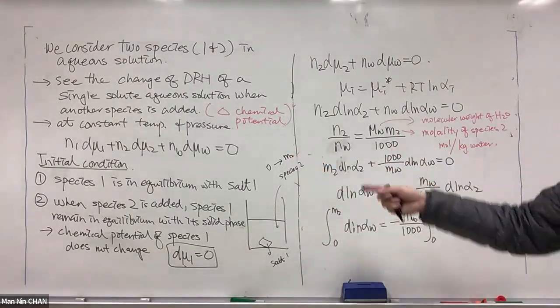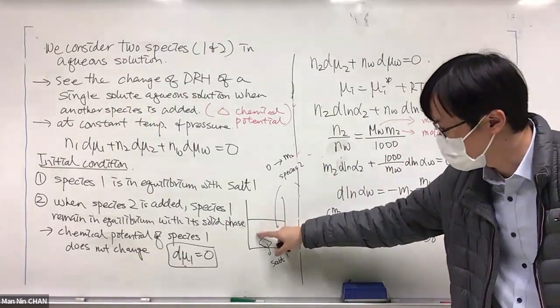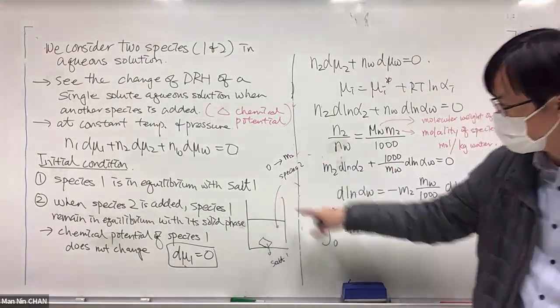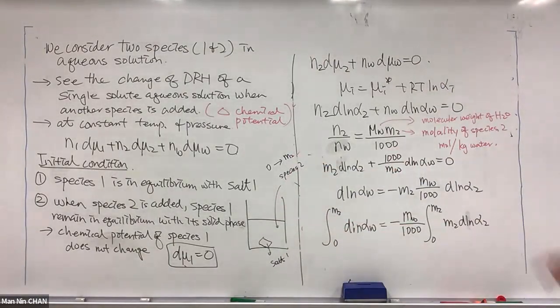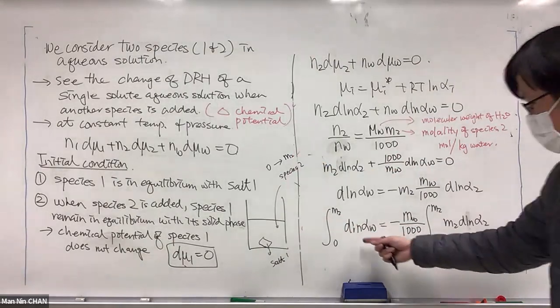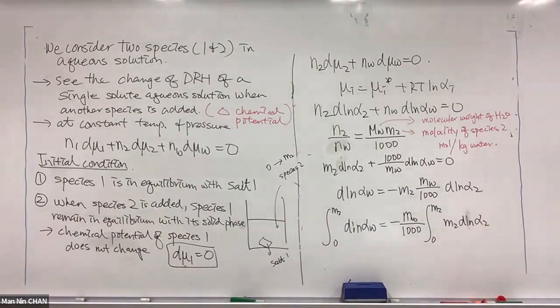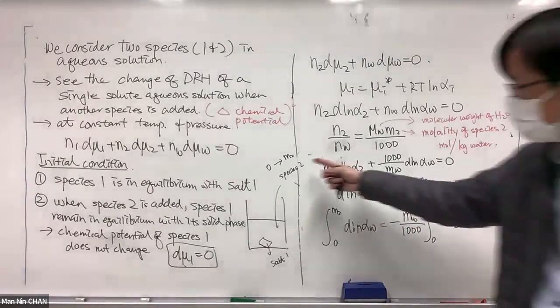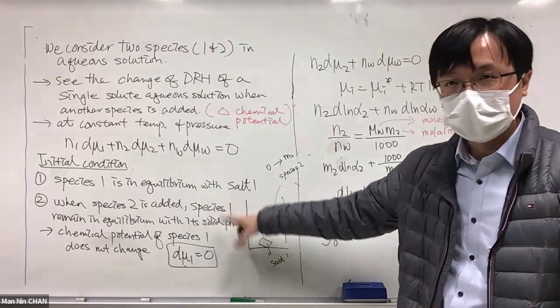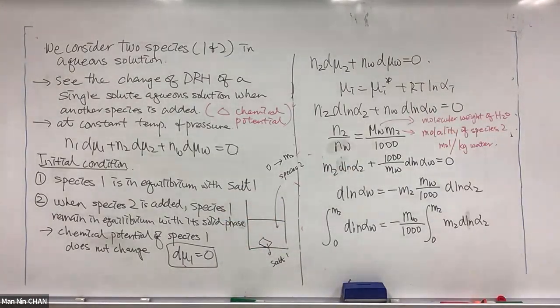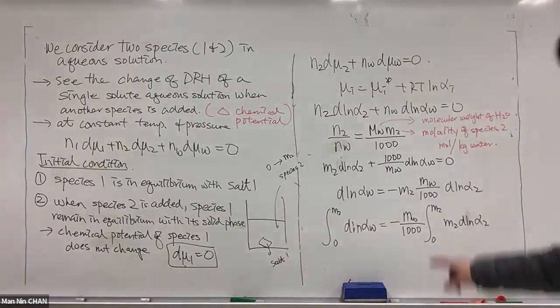M2 is the molality of my species 2. So initially it's 0, and then I add my species 2 into my solution, so the concentration will change from 0 to M2. This will be how the water activity will change, and also how the activity of my species 2 will change. Remember when I add this, my species 1 is always in equilibrium with the salt, so we don't need to worry about this.